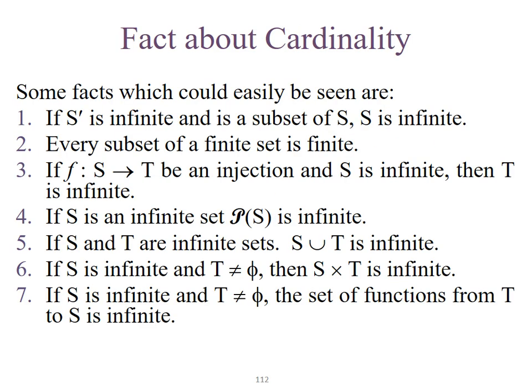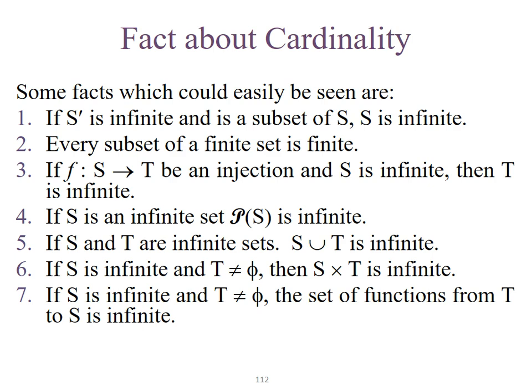All right, next let's see some properties of the cardinalities. If S prime is infinite, and S prime is a subset of S, then S is also infinite. Okay, it's very intuitive.